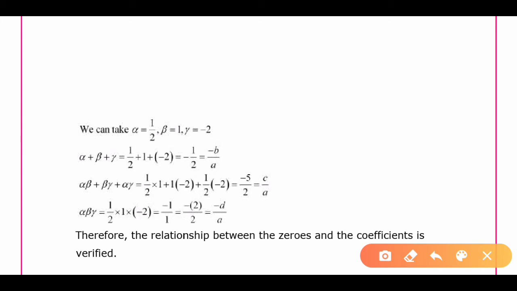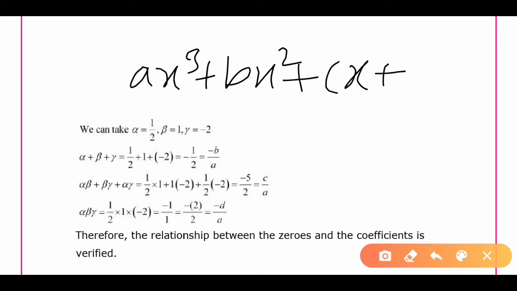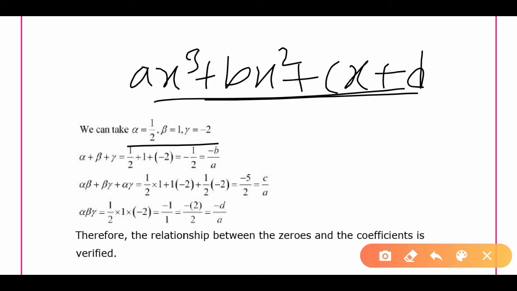Now we are considering that the zeros of this equation ax cube plus bx square plus cx plus d are alpha, beta and gamma, where alpha equals 1 by 2, beta equals 1 and gamma equals minus 2.